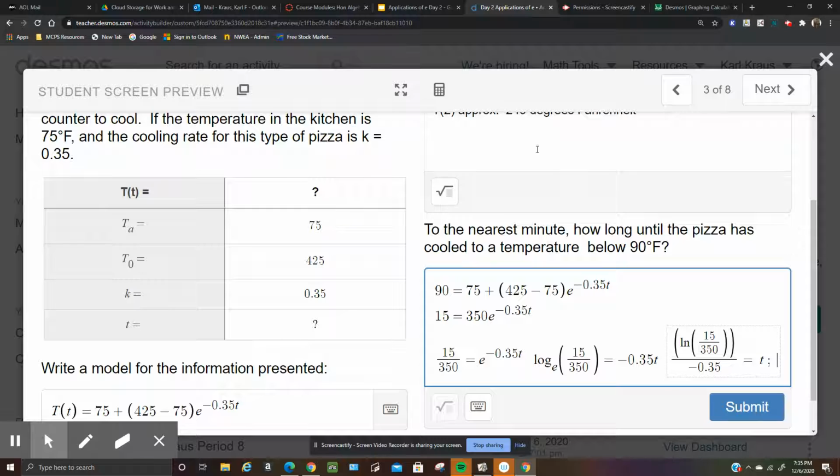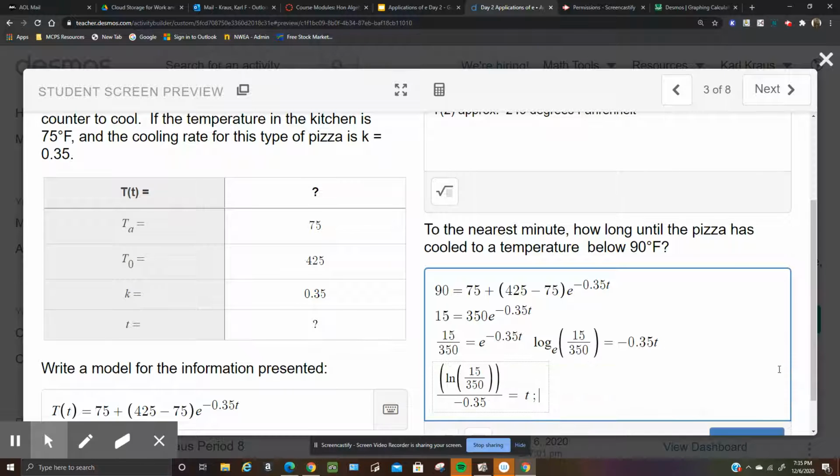Like I said, I'm pretty sure we did this one in class. Let's abbreviate that. The equation editor doesn't know what I mean there, but t is approximately 9 minutes.